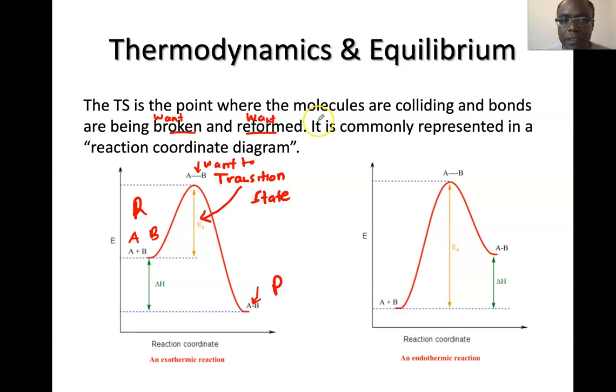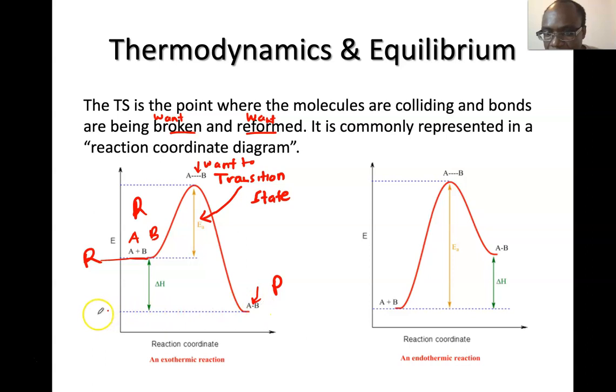So that's what the transition state is. So the sooner you get to 50% of your journey, the sooner you're going to get to your product, in theory, to your destination, in theory. So in this one, the reactants are shown up here, the products are shown down here.